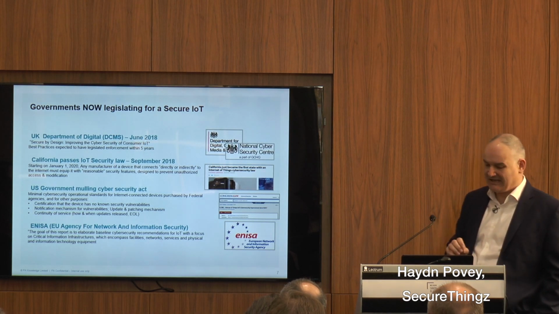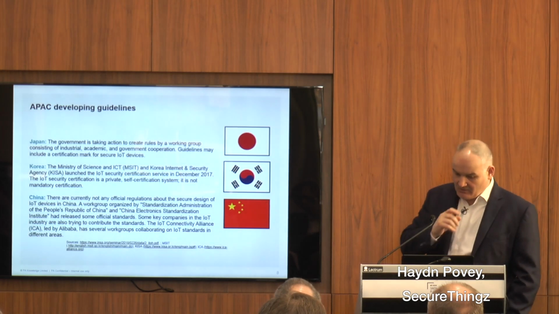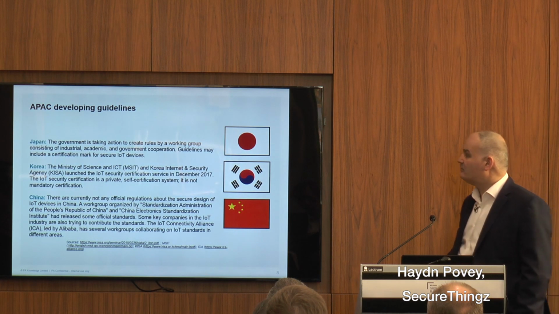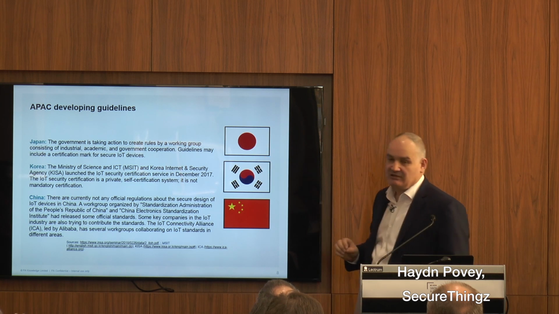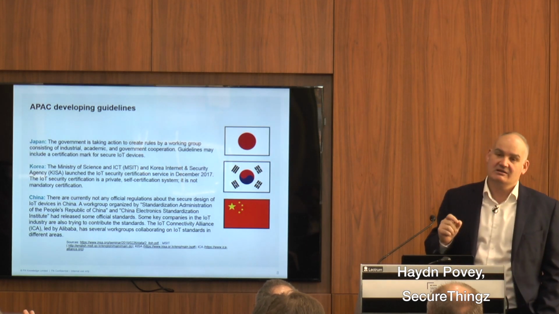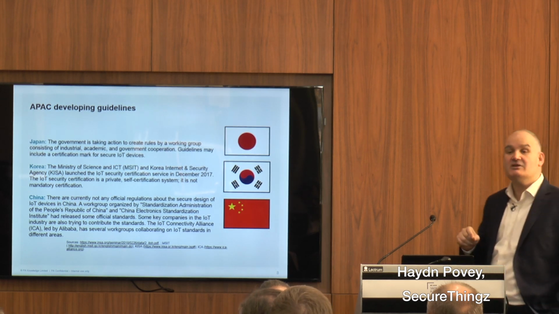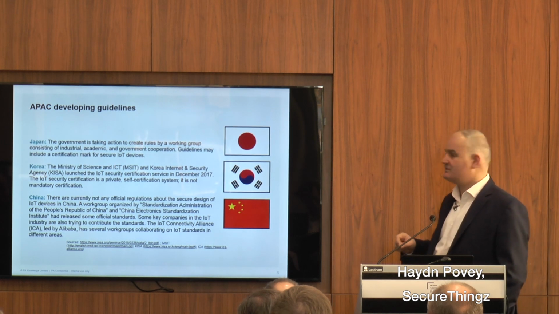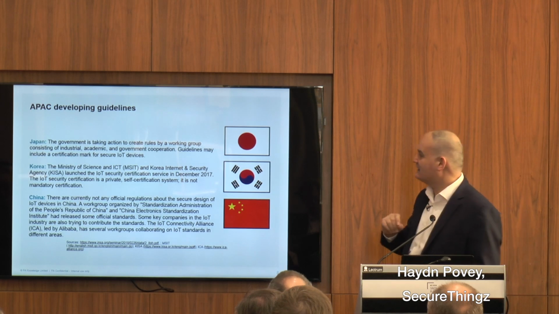I think there's 180 recommendations in their guidance. We're also seeing Asia Pacific moving forward. In Japan, I was there a couple of weeks ago, the government have now created a working group. The only bad thing there is the cybersecurity minister has never used a computer, ever. He's always had a secretary to do it, which I think there's something to be said for having an expert in that kind of position.